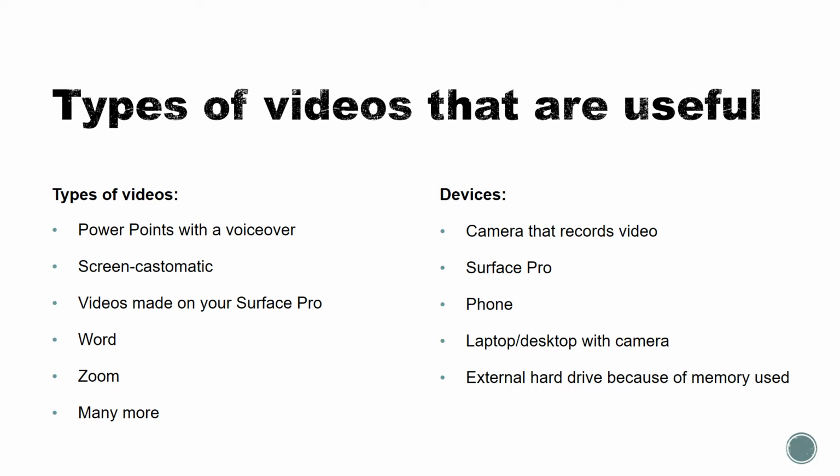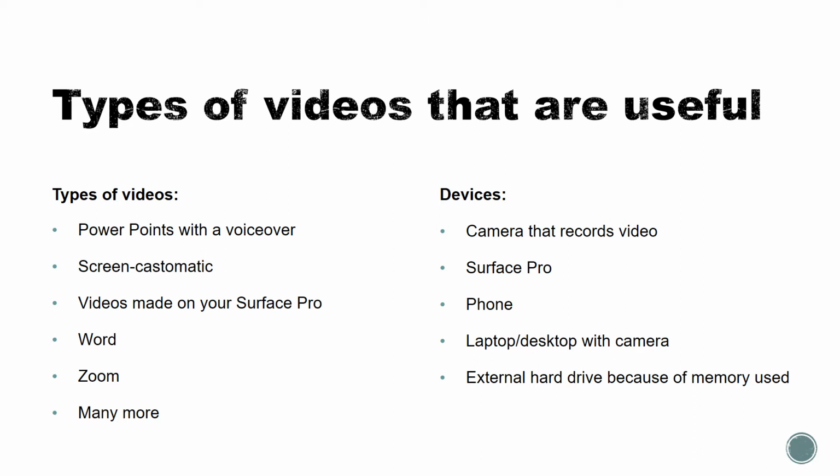You could edit in something like Adobe Premiere. You could record on your phone and upload it straight to YouTube, or you can edit in something again like Adobe Premiere. You can use laptop, desktop with a camera, and it's nice to have an external hard drive because a lot of these videos take a lot of memory.